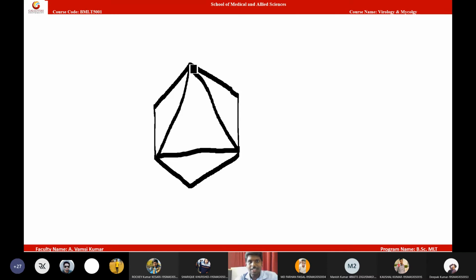So draw a triangle inside. Then draw another triangle inside this triangle like this. After this, connect these corners of the triangle to the hexagon. This is the structure of an icosahedron.